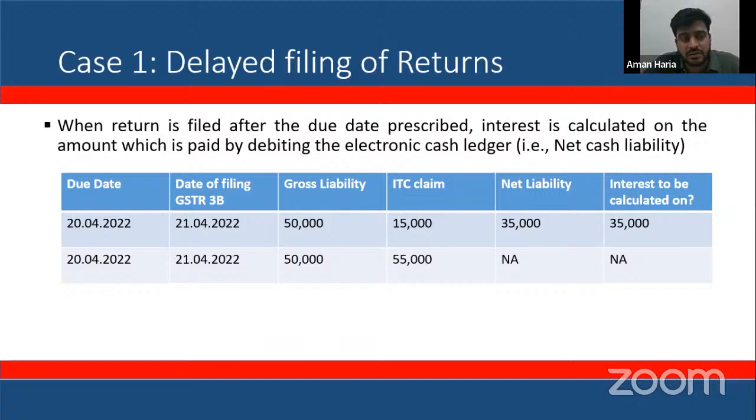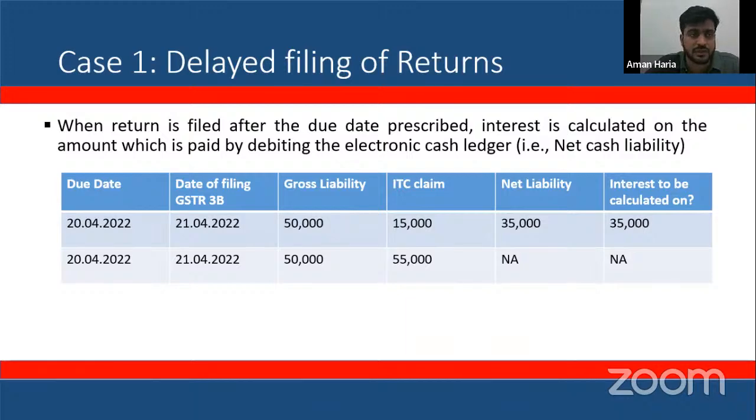So in this example, if your gross liability is 50,000, but your ITC claim for that month is 55,000, as a result there is no net liability that you are expected to pay in cash. In that case, there is no interest liability that is triggered. Only your late fee of 1 day will be applicable.